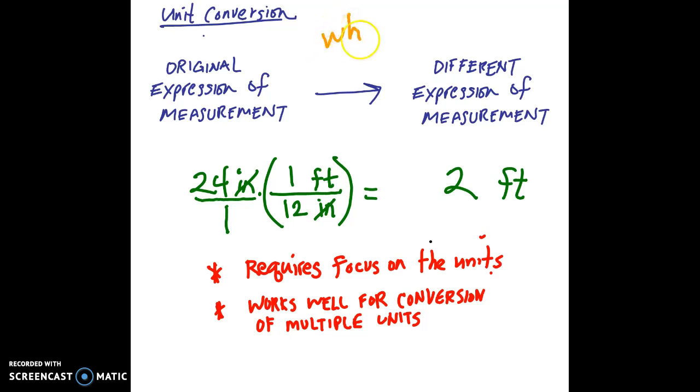You might be asking, why do we do it this way when just doing a proportion would work? The reasons are these two right here. The first one especially. It requires a focus on the units.